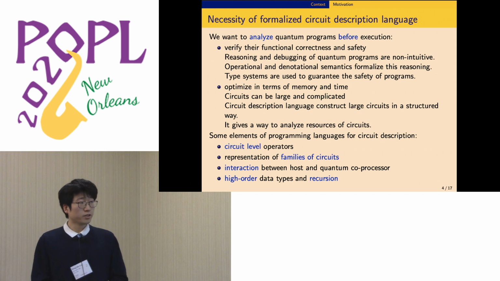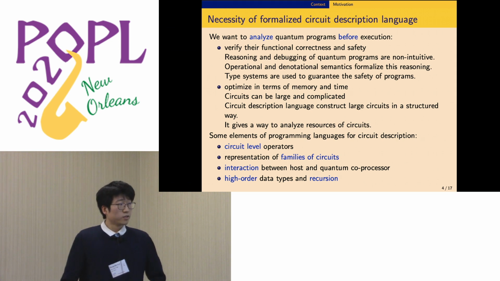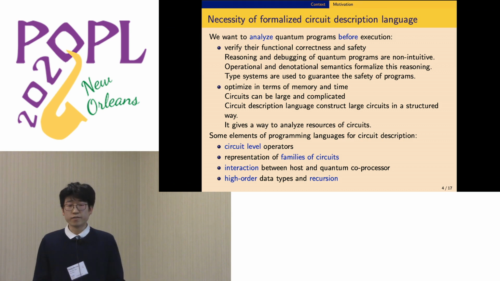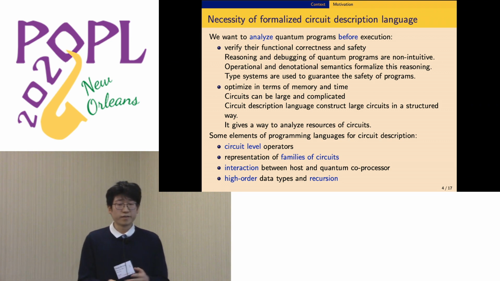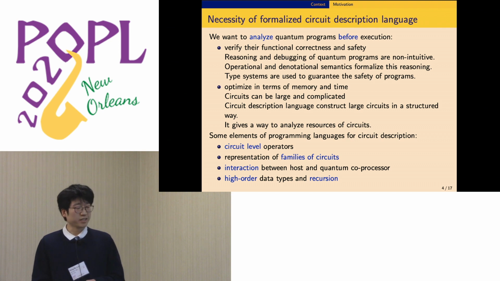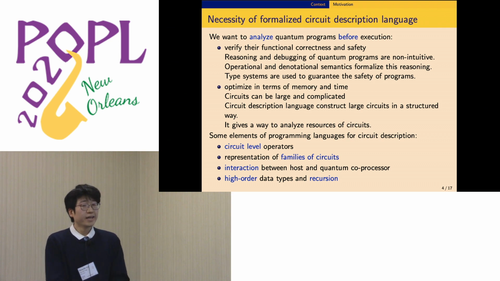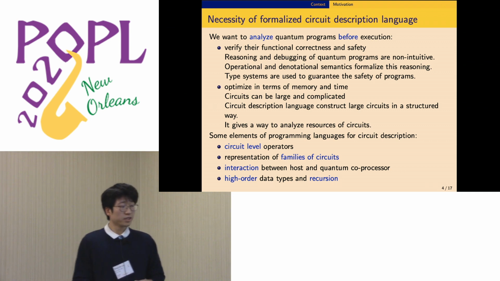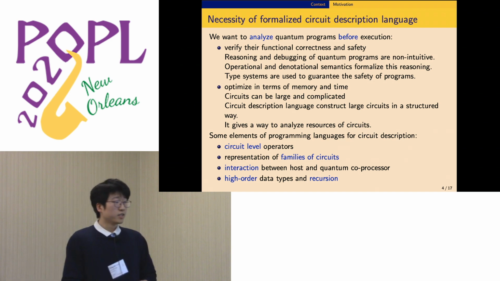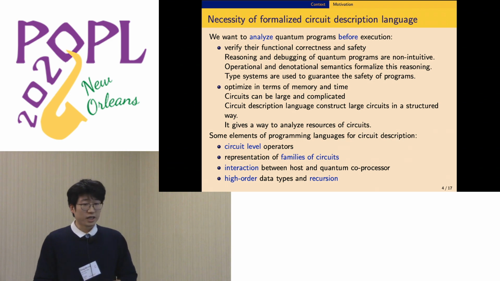Among the elements of programming languages we want to consider, first, we want to have circuit-level operators like reverse and control. And also, we want to represent families of circuits, which means parameterized circuits. And we want to use the interaction between hosts and quantum coprocessors. And we want to have useful features like higher-order data types and recursions.